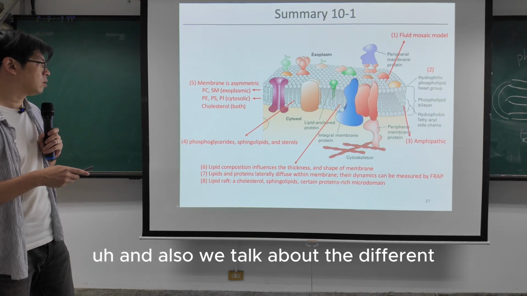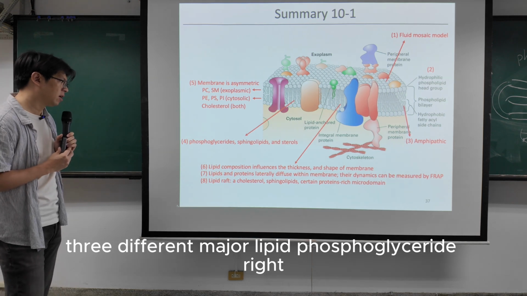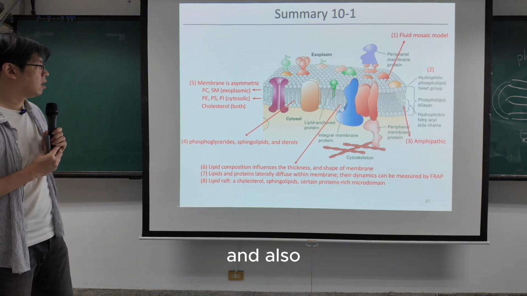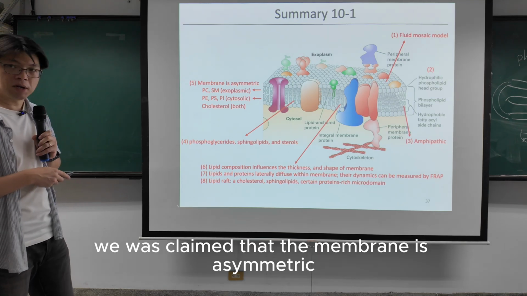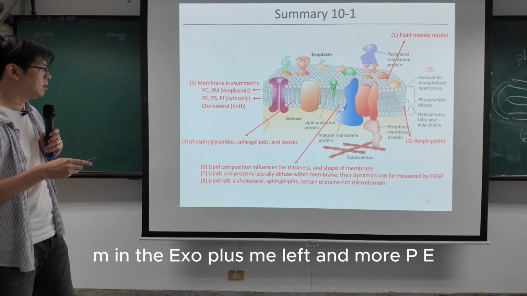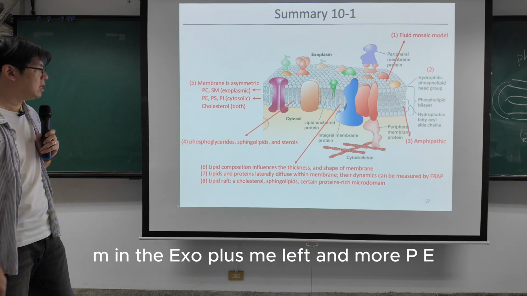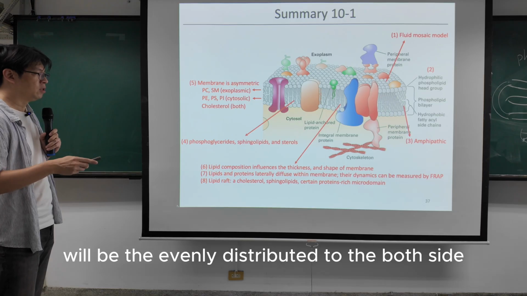We also talked about the three major lipids: phosphoglycerides, sphingolipids and steroids. And we also claimed that the membrane is asymmetric. There will be more PC and SM in the exoplasmic leaflet, and more PE, PS, and PI in the cytosolic leaflet. And cholesterol is evenly distributed to both sides.